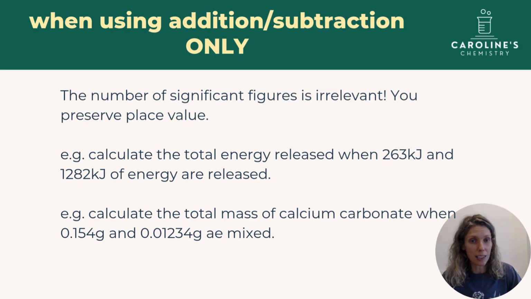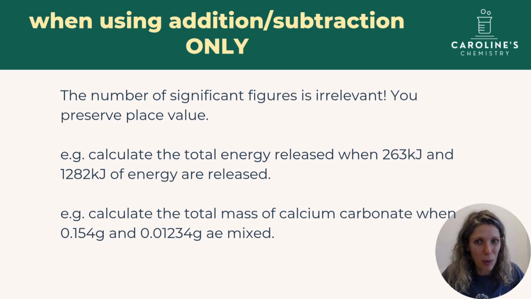So for the first example, the 263 and the 1282, those are all whole numbers. So your answer should be a whole number. In this case, 1,545 kilojoules. But if you look at the second one, we have 3 decimal places and 5 decimal places. So the 0.154 grams, 3 decimal places.